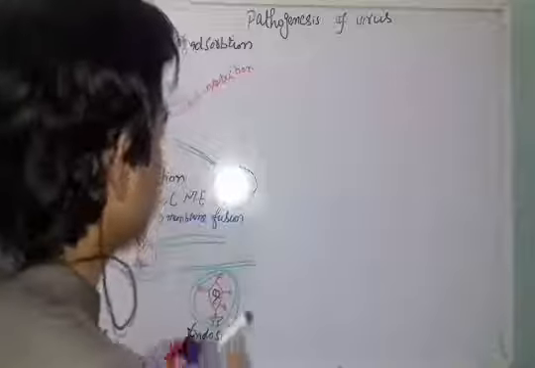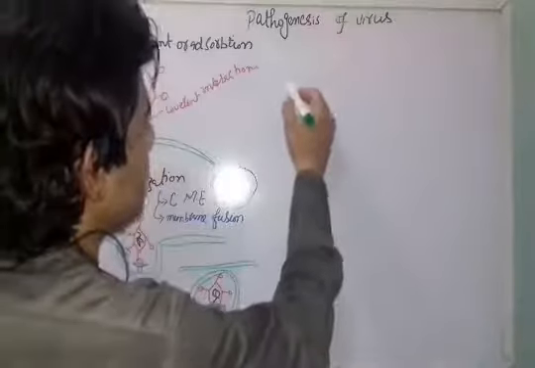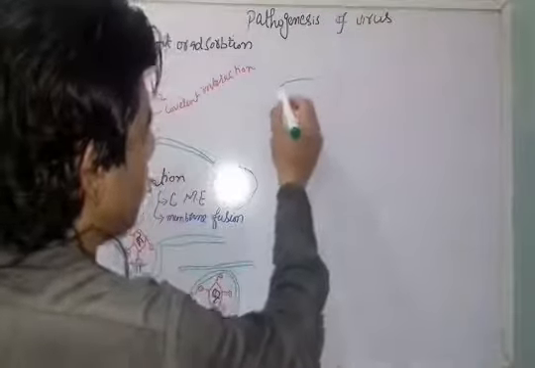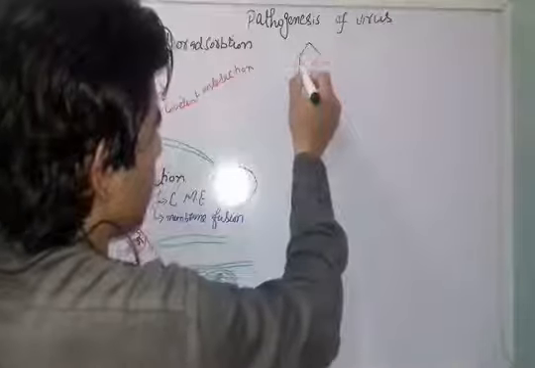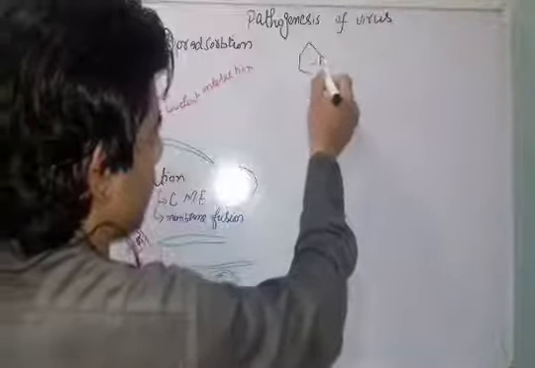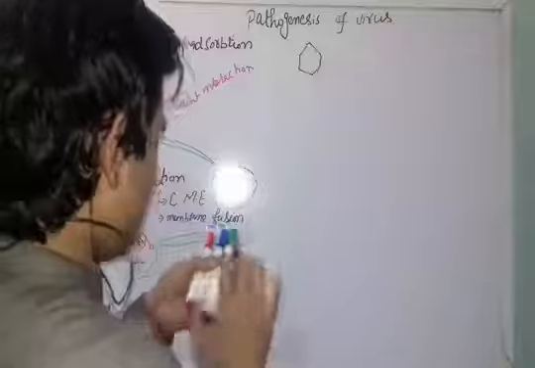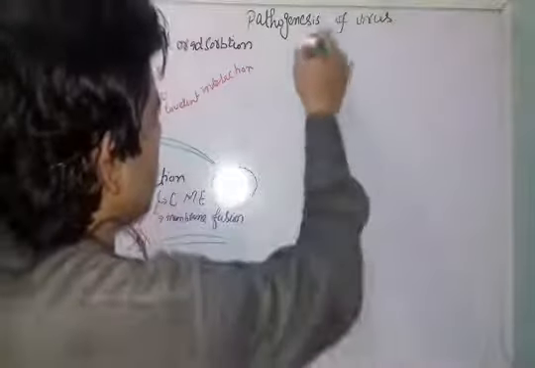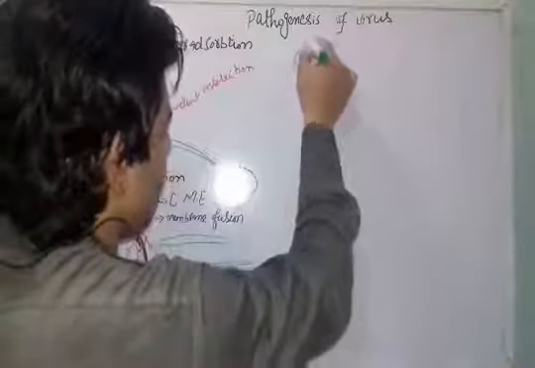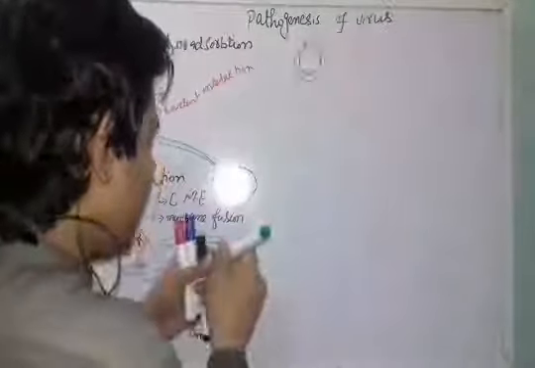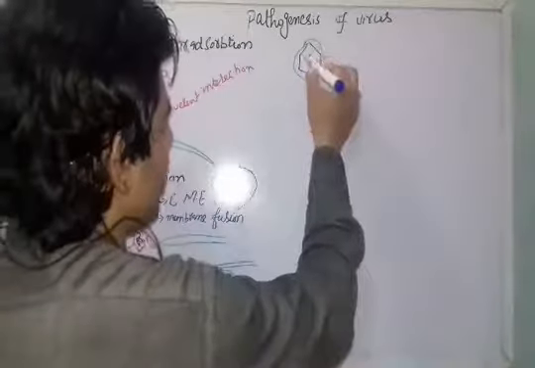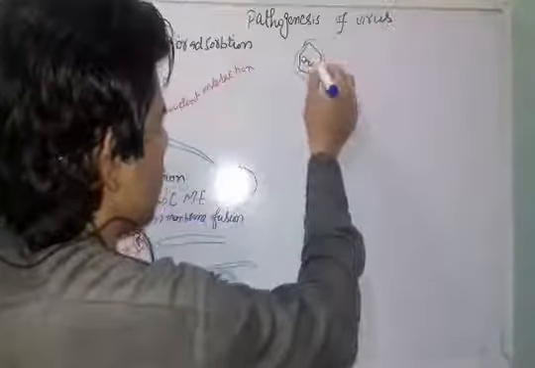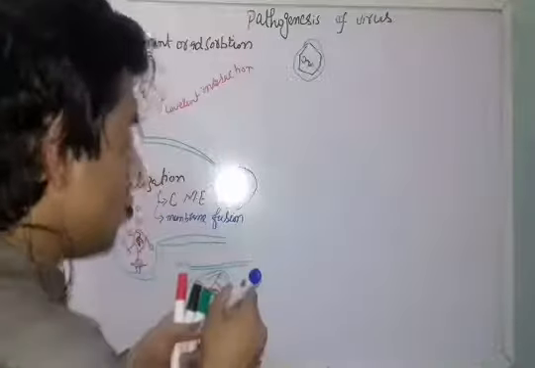Let me draw here. Let's suppose this is again a host cell membrane, and this is a virus. The virus is surrounded by an outer layer, and we call that the envelope, and inside this capsid there is the genetic material, any kind of genetic material.